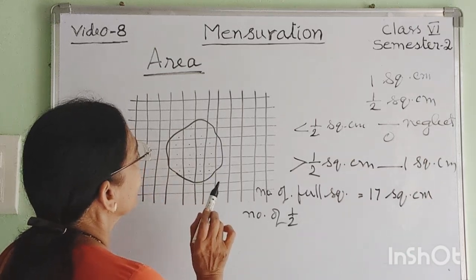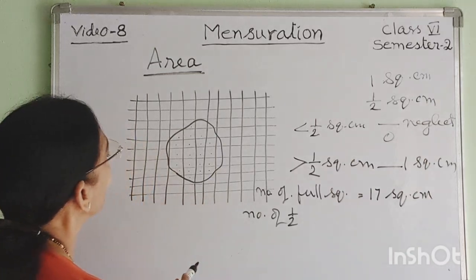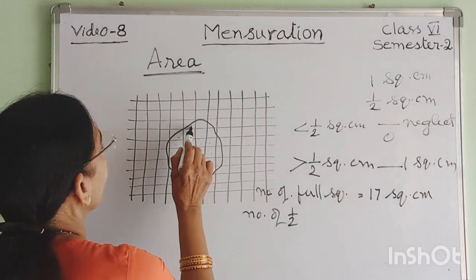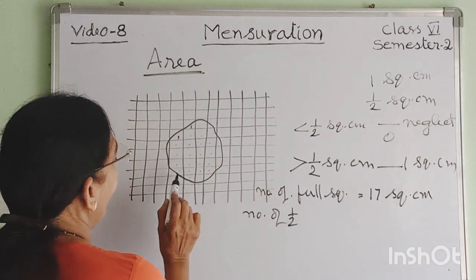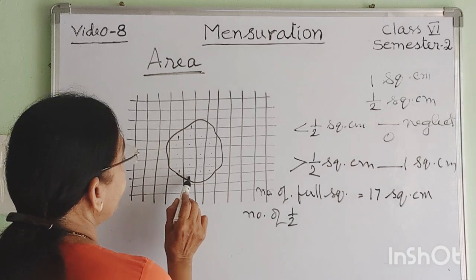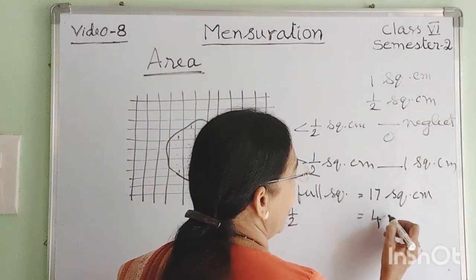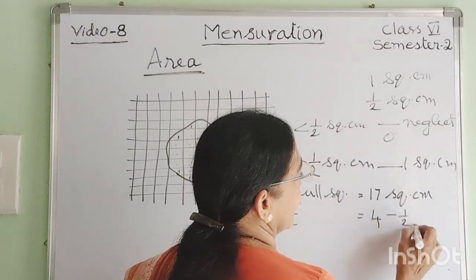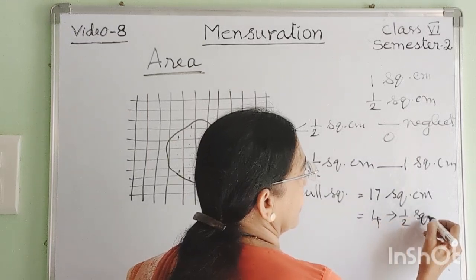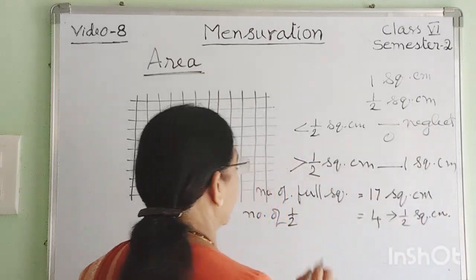How many halves are there? 1, 2, 3, 4. So 4 half squares are there.